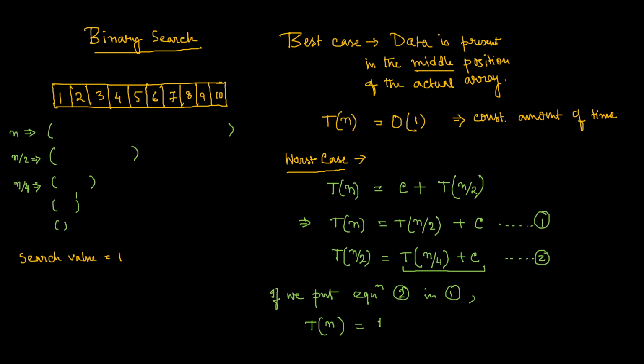So T of n by 4 plus c, and another c that was already present in equation 1. So as a whole it becomes T of n by 4 plus 2c.